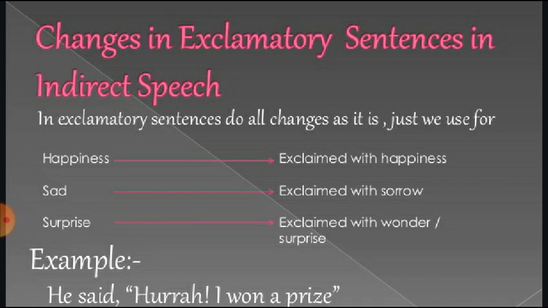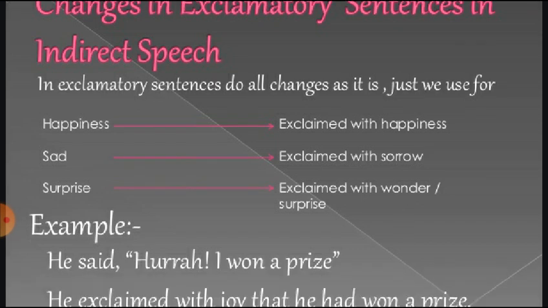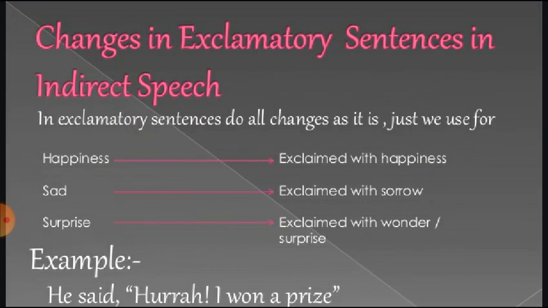So in exclamatory sentences, do all changes as it is, just we use for. So here, whether it is exclamatory sentence or assertive sentence or imperative sentence, the common thing is that the change of person, the change of tense, and change of other parts of speech remain as it is. But here in exclamatory sentence, something we should do.